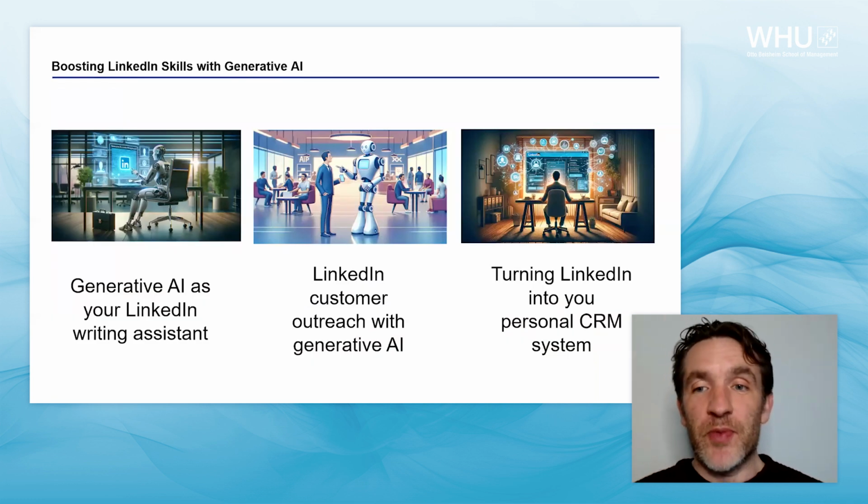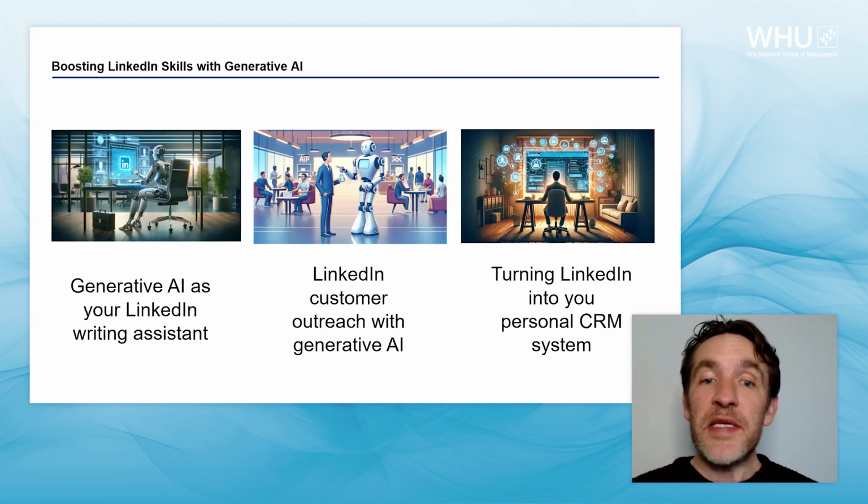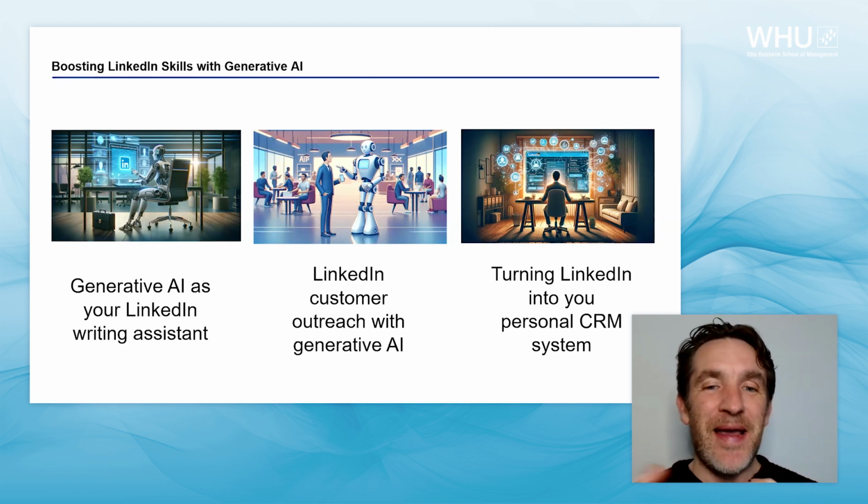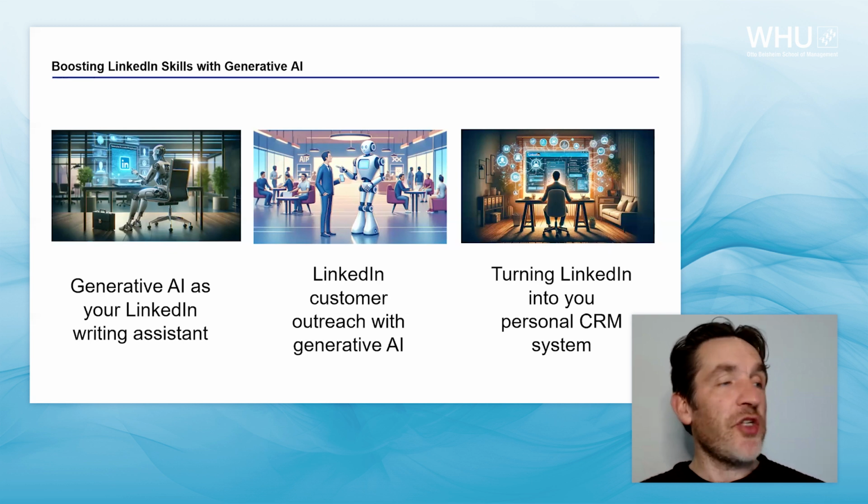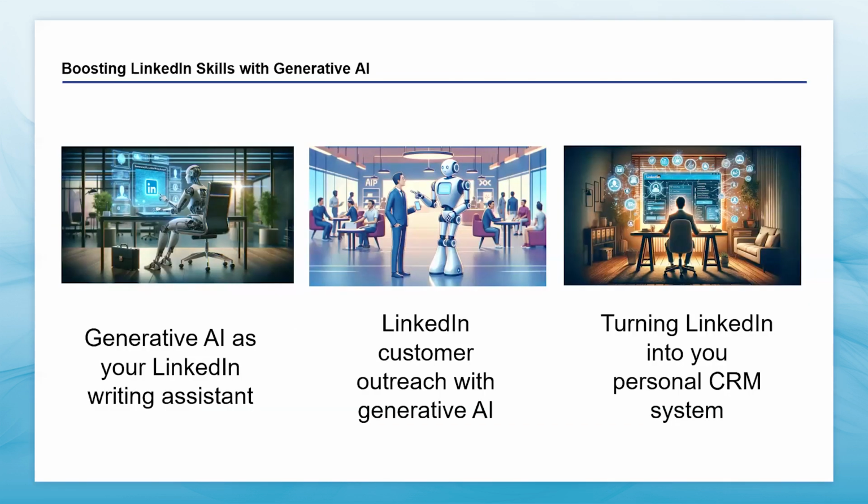Okay, so that was very briefly a kind of update about what is happening. What I want to do today is to show you 3 use cases on how you can combine generative AI and LinkedIn to do some nice stuff. First, I will talk about how you can use generative AI as a LinkedIn writing assistant. Can you use it to help you write a nice LinkedIn post?